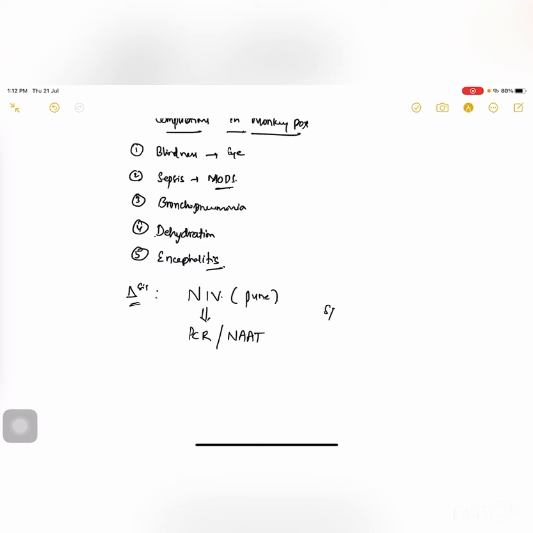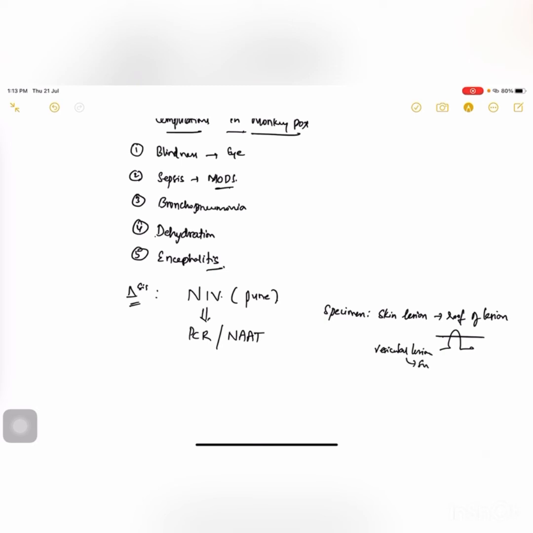The specimens required for PCR are skin lesions, particularly the roof of the lesion is taken. Suppose this is the lesion, the roof is sliced with the scalpel and sent for PCR analysis. The other specimen could be a vesicular lesion.